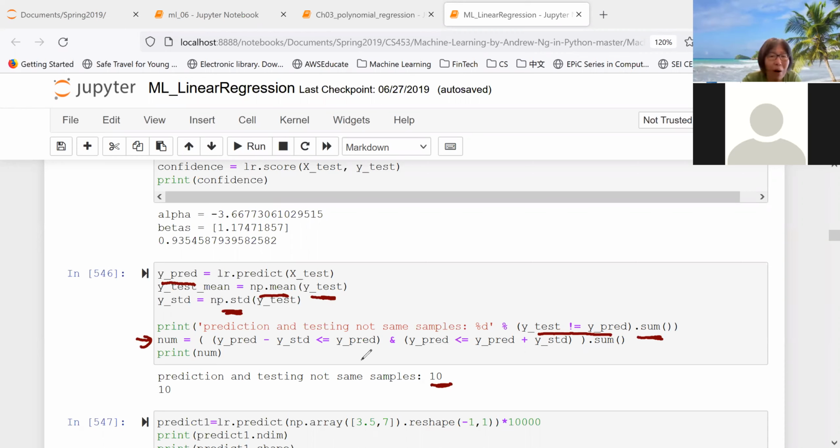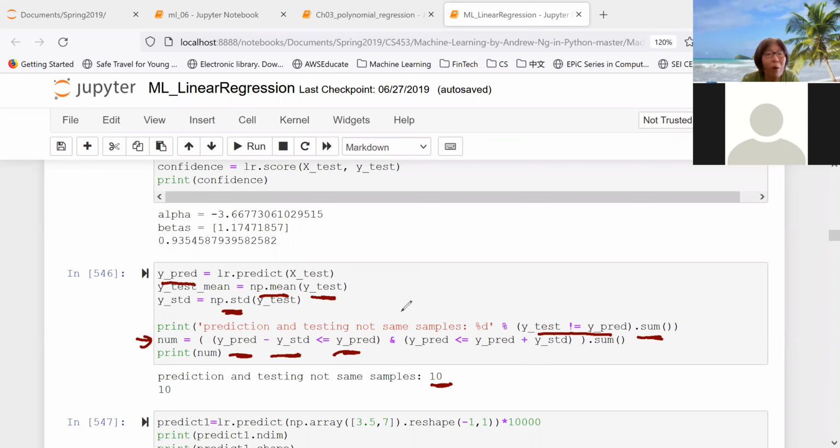What this part tries to show is the total number of values where the predicted value falls within a certain range, based on one standard deviation from the predicted value.